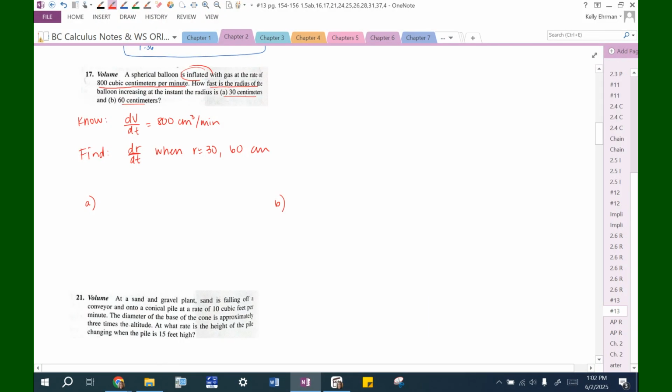And what should I be using? Again, you'll be provided the volume of cylinders, cones, and spheres in the problem as needed. And so volume is equal to 4 pi over 3 r cubed. All right, so I'm going to take the derivative with respect to t of both sides of this equation.